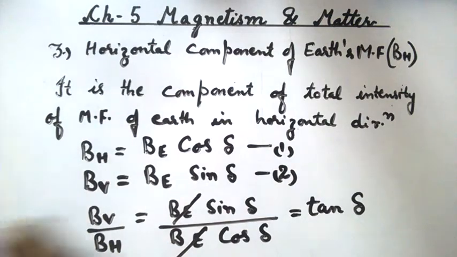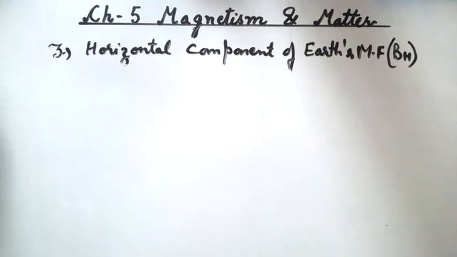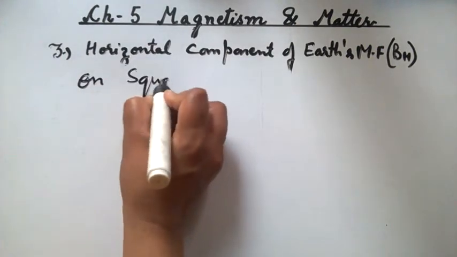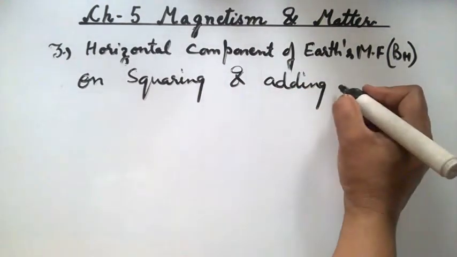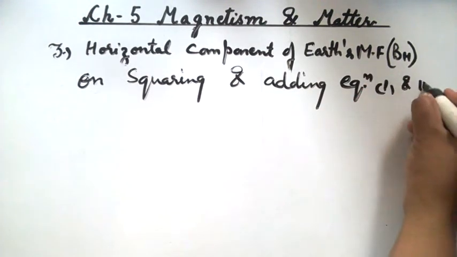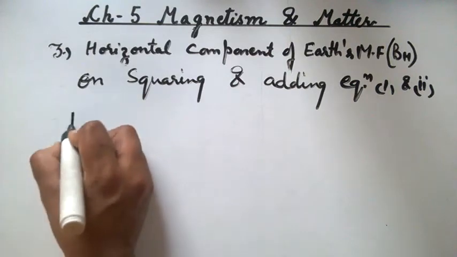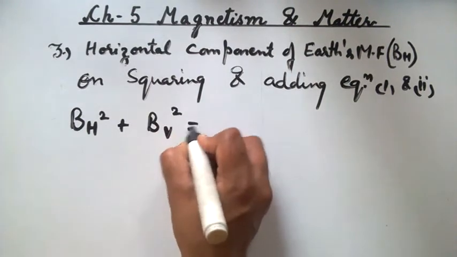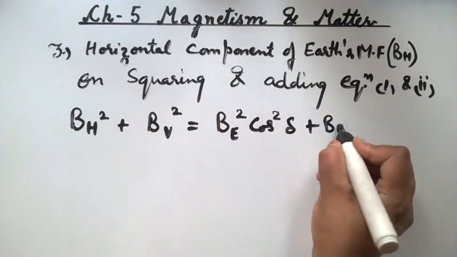Now on squaring and adding equation number 1 and 2, that is their components, we get horizontal component square plus vertical component square, and it is equal to BE square cos square del plus BE square sine square del.